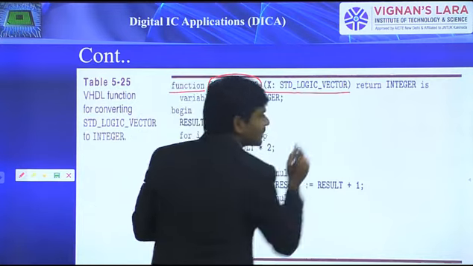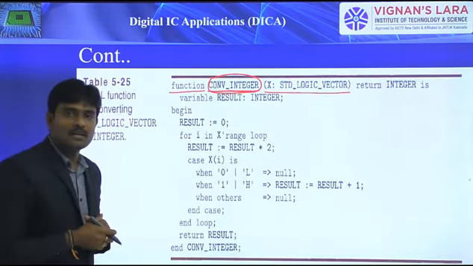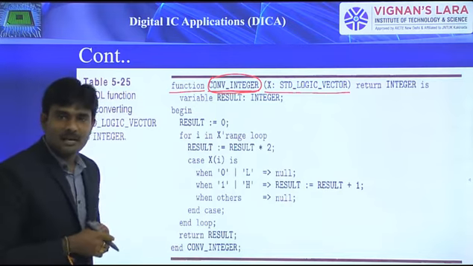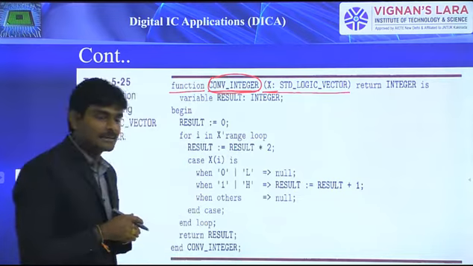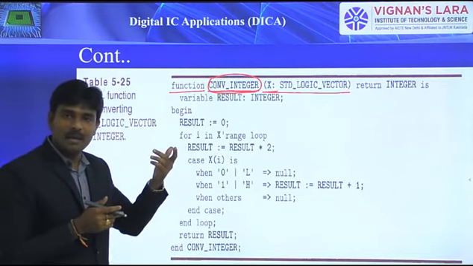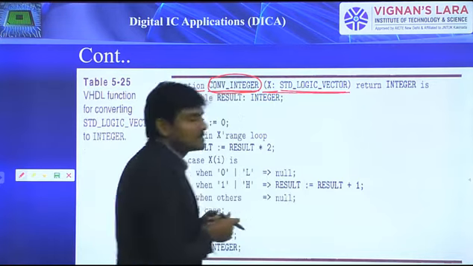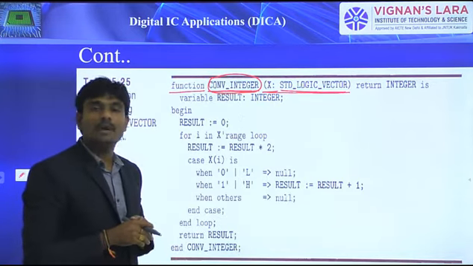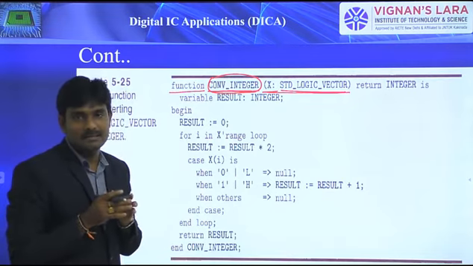Then within the formal parameters, the input can be of any size. For that reason, simply a signal name, I consider it as x, colon, the signal type. The signal type here we described is std_logic_vector. But after that I didn't define any array size.